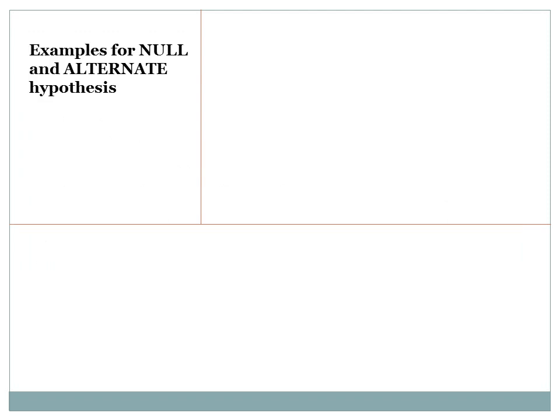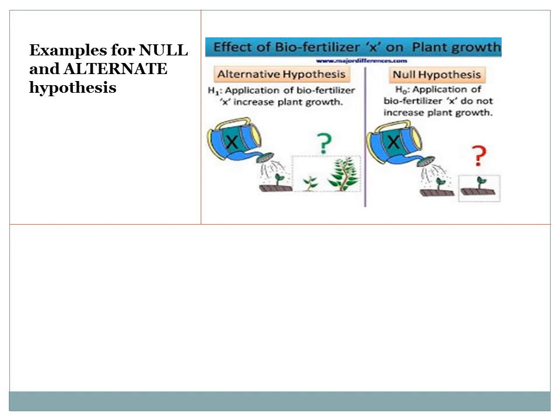Few examples for alternative hypothesis and null hypothesis. So you see here, this is a diagram. My hypothesis here is the effect of the biofertilizer, that is some biofertilizer, on the plant growth. Okay, so I will be assuming my null hypothesis H0 as: the application of the biofertilizer X does not increase the growth of the plant.